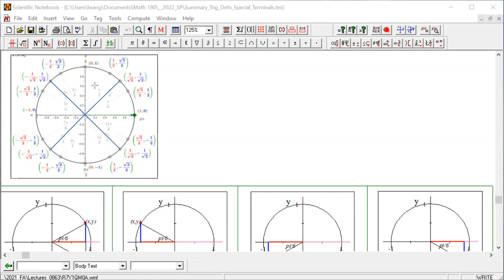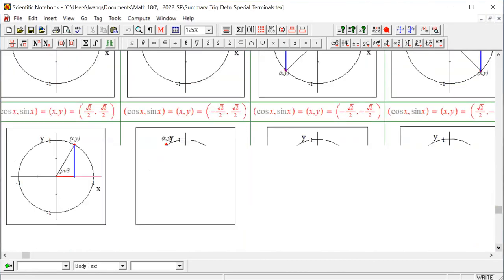Okay, so this second case, when we discussed in the previous lessons, you can see all of these coordinates consistently. The red are x's, and the blue are y's, and the blue are for sine, and the red for cosine. Okay, so now let's look at pi over 3.